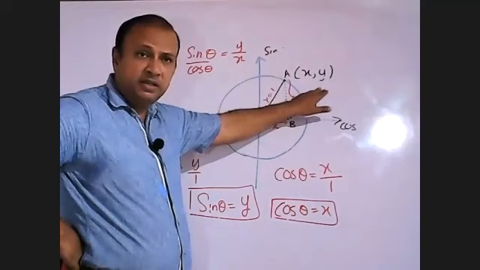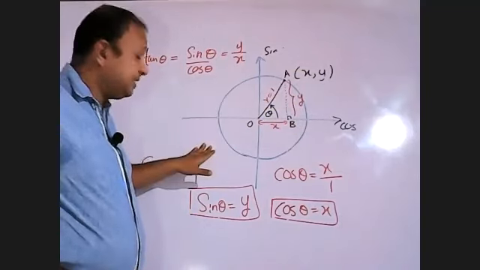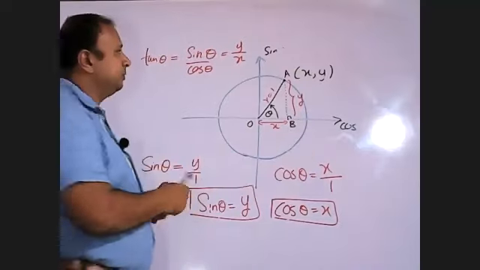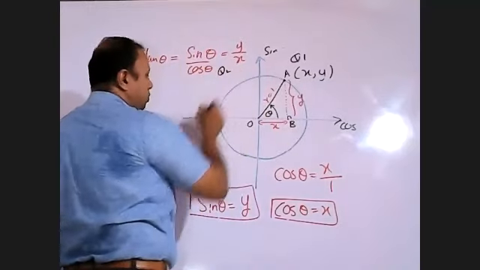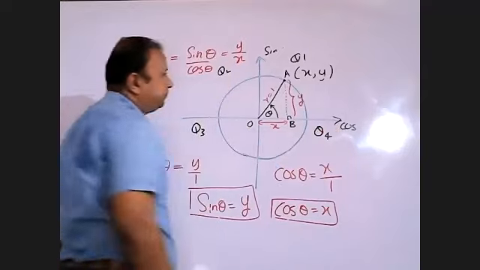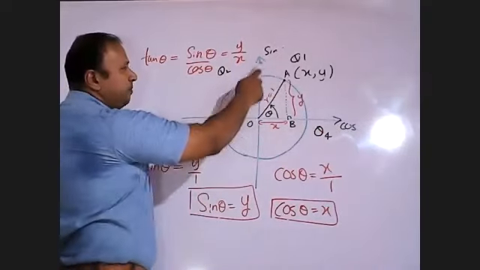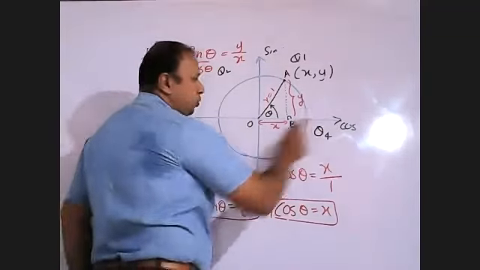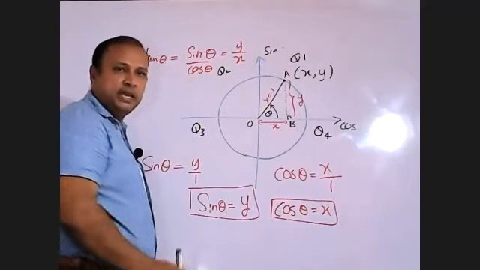Normally we call this the first quadrant, this is the second quadrant, this is the third quadrant, and this is the fourth quadrant. Normally we call them Q1, Q2, Q3, Q4. Q1 is bounded by the positive y and positive x.